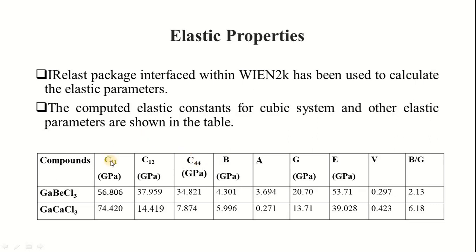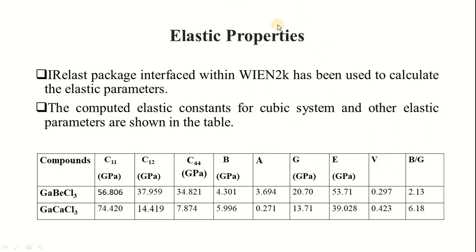But if the difference of C11 and C44 gives us a negative value, we will consider that type of compound brittle and not ductile in nature. In summarizing our elastic properties, both of our compounds are anisotropic, ductile in nature, and possess high resistance to cracks.